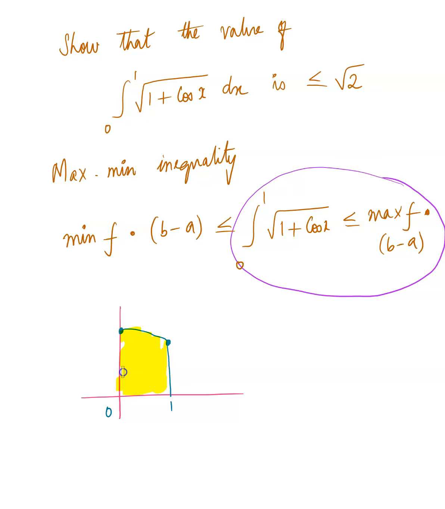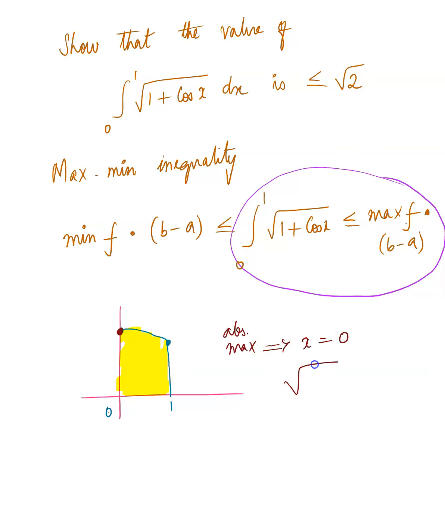But right now for this problem, we're not asked to worry about the area technically, but we're asked to focus on the maximum function value. The maximum function value actually occurs at 0. So I say absolute max happens when x is 0.